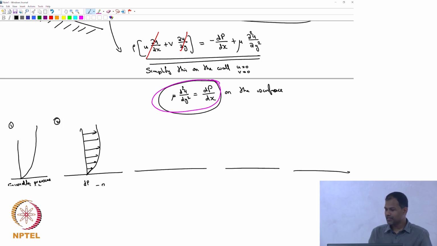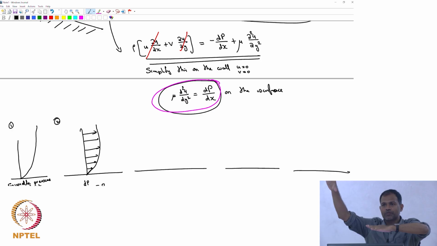So let me just tell you again. By looking at the v momentum equation, whether you believed me or not, what I said is that pressure across the boundary layer, in the y direction, is not changing. That means pressure in the x direction is the only thing that is changing. So if I have a boundary layer and I know how pressure is changing outside it, I will know how pressure changes inside the boundary layer also, because pressure does not change in the y direction. Is that clear?